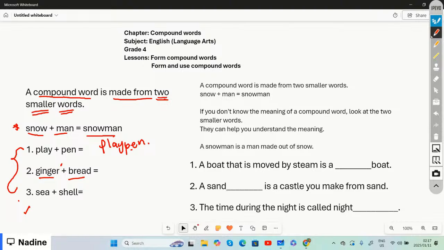All right. And remember, once again, we said that compound words, right? It is words that are made up of two smaller words. Yes, well done. Two smaller words. And that is basically to create its own word.